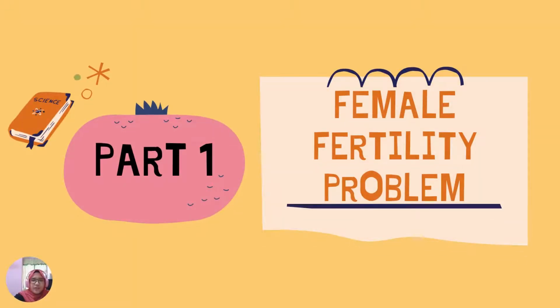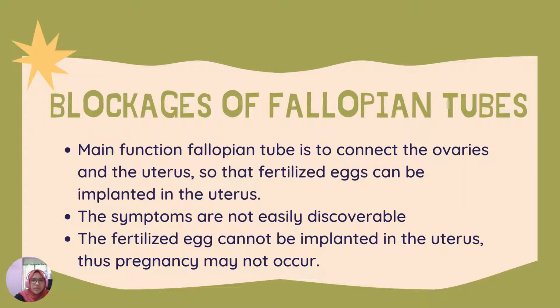First, the female fertility problem. Female fertility problems have many types, but I only focus on one type, which is the blockage of the fallopian tubes. The fallopian tube's function is to connect the ovaries and the uterus so that the fertilized eggs can be implanted in the uterus.